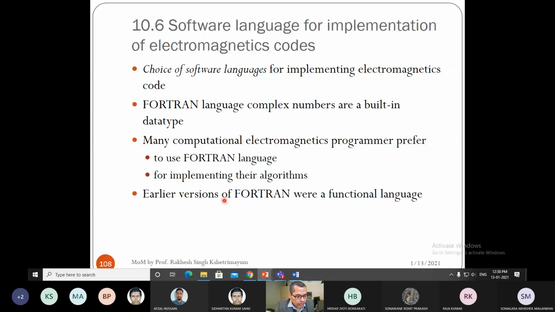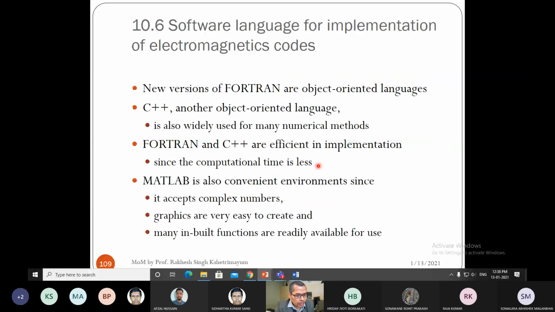When we learned Fortran, maybe 25 years back, it was a functional language, and we usually called it Fortran 77. But later on, you have another kind, called object-oriented programming, where you define an object in the program and define its properties.